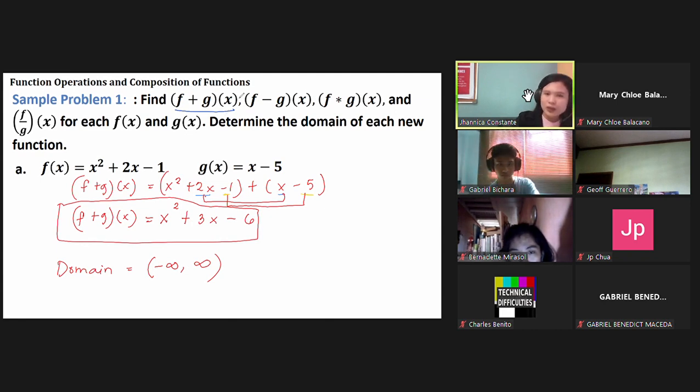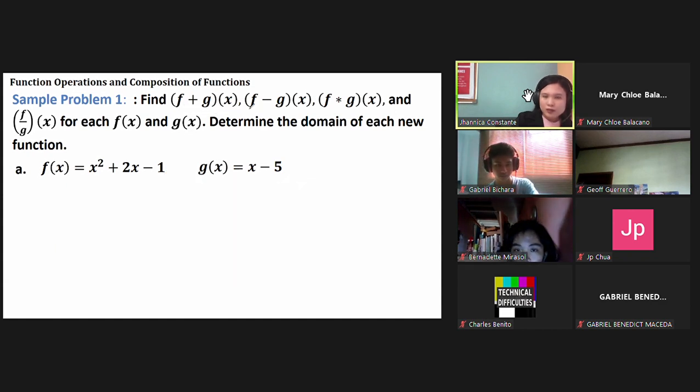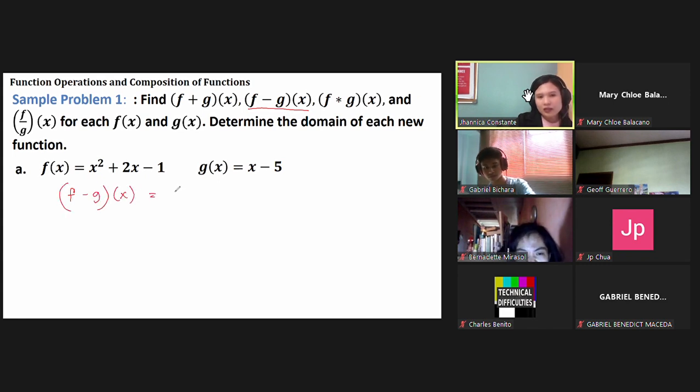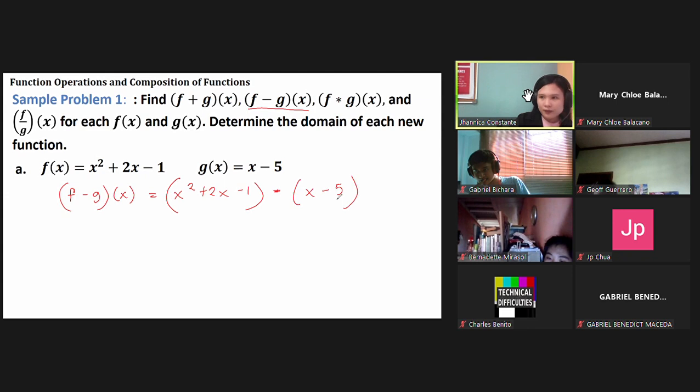Let's proceed with the subtracting operation for the same functions that we have. So let's subtract the two functions, f of x and g of x. So f minus g of x is equal to x squared plus 2x minus 1 minus the g of x, which is x minus 5.